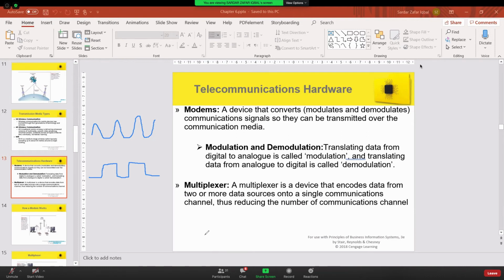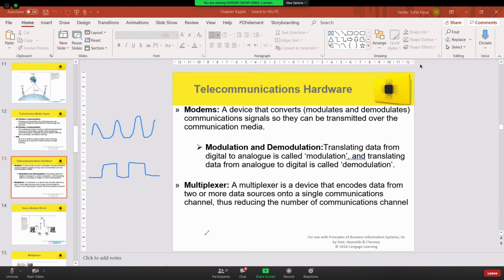Whenever the device wants to send data or activate something, it will generate a pulse. Now there are two different forms of the pulse. Can you tell me which one is analog and which one is digital?